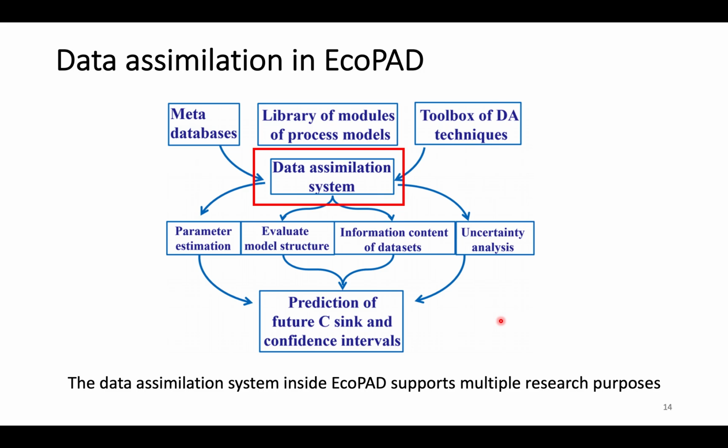The data simulation system in EcoPad is modularized, therefore it is open to different data simulation techniques. Despite estimating parameters, data simulation in EcoPad can support multiple research purposes such as testing alternative ecological hypotheses through different model structures, assessing information content of datasets, quantifying uncertainties, and so on.